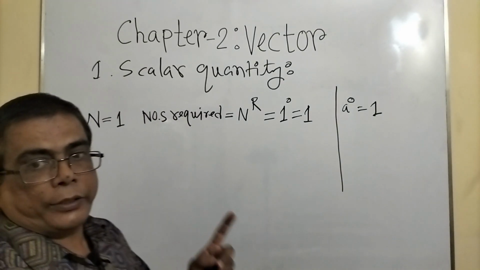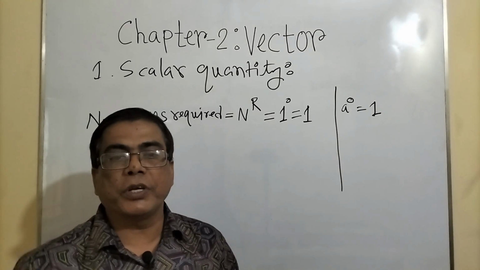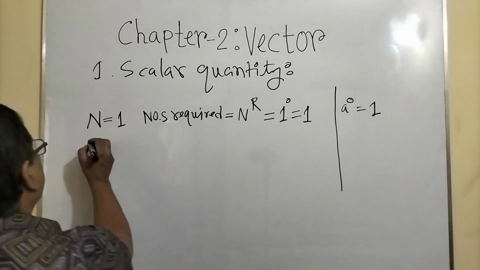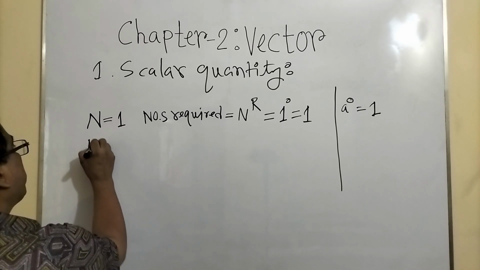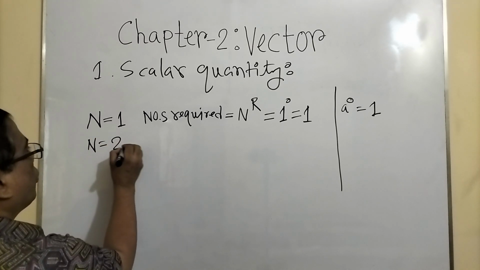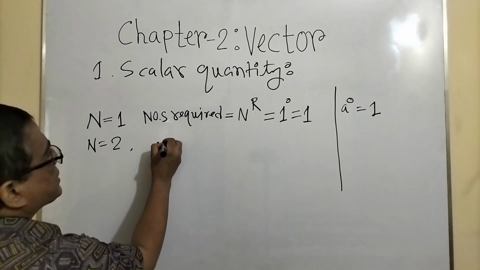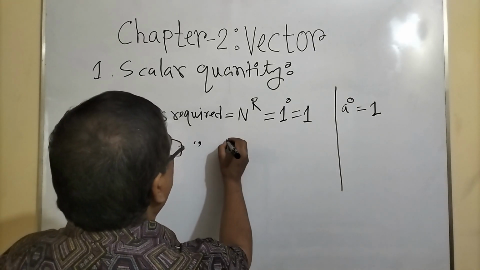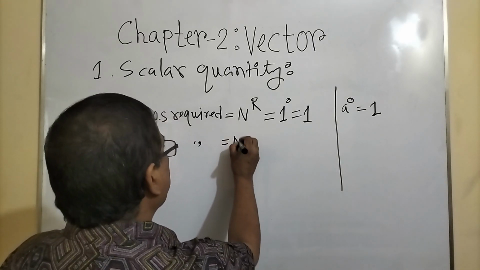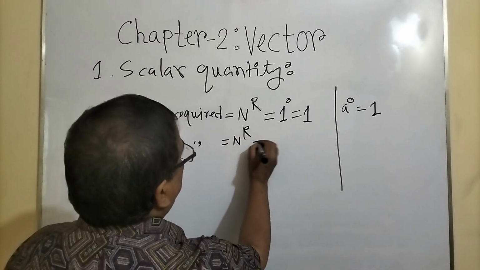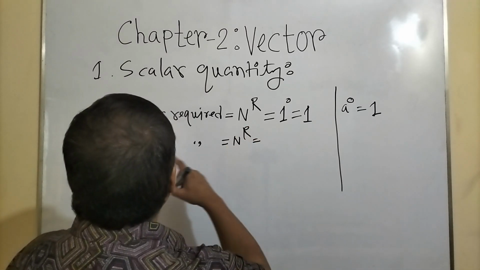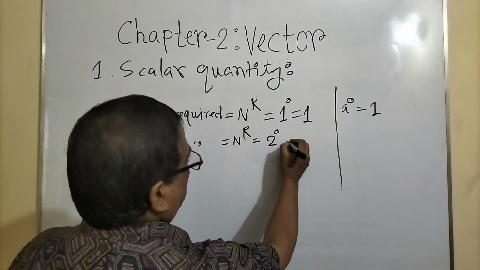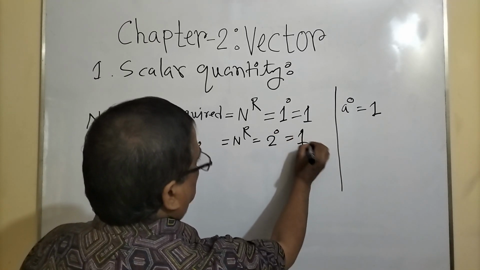When a scalar quantity is in two-dimensional space, how many numbers are required? When a scalar quantity is in two-dimensional space, n equal to 2, the numbers required to represent the scalar quantity equal n to the power r, n is 2, r is 0, equal to 1.